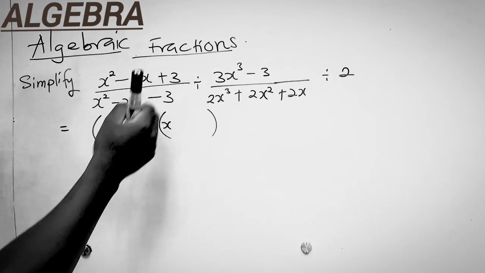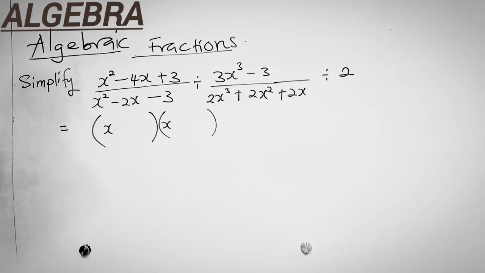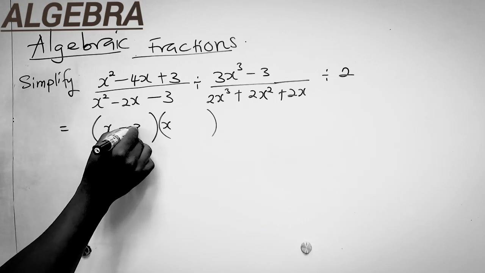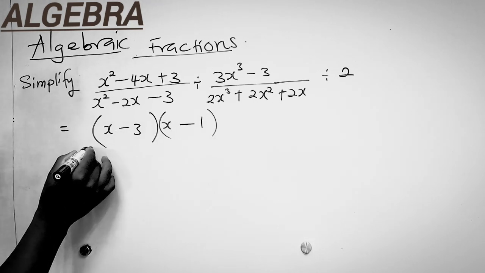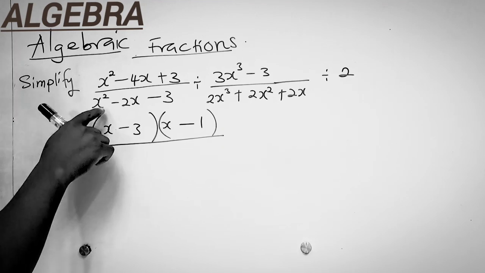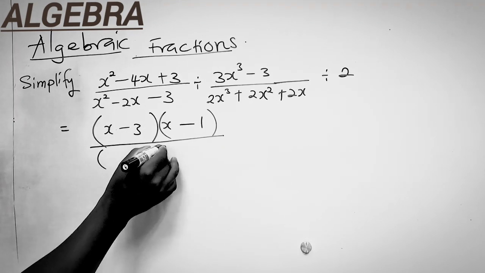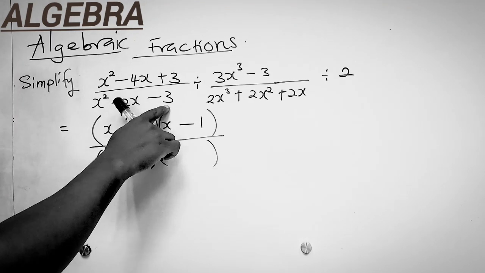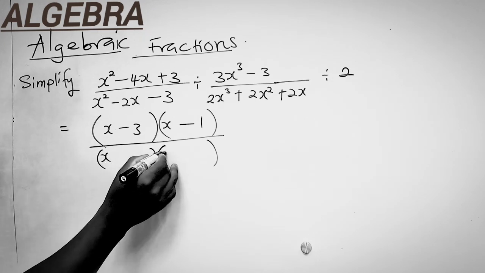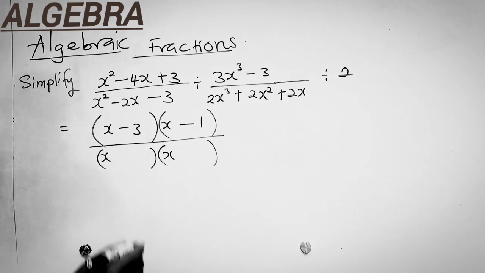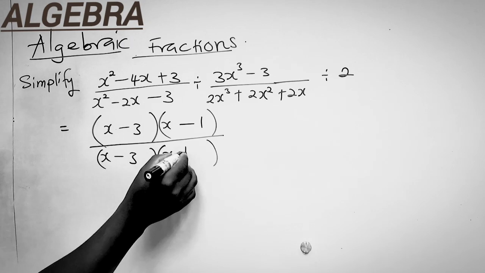Then we find the factors of 3, which give us minus 4 if we add, which is minus 3 minus 1 over this one. Factors of minus 3, which give us minus 2 when we add, it is minus 3 plus 1.